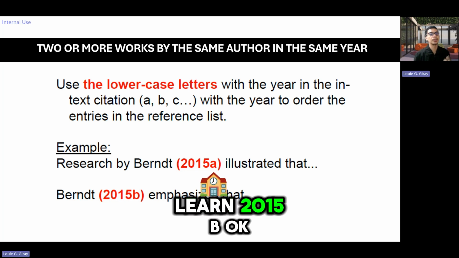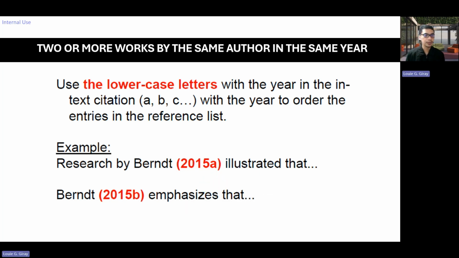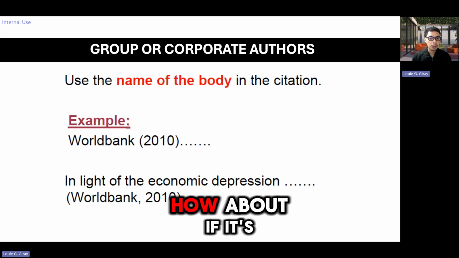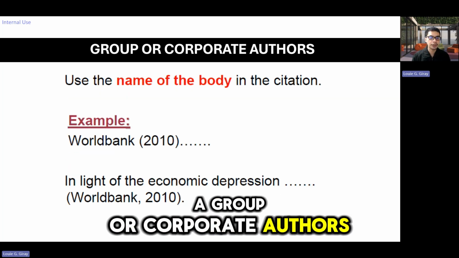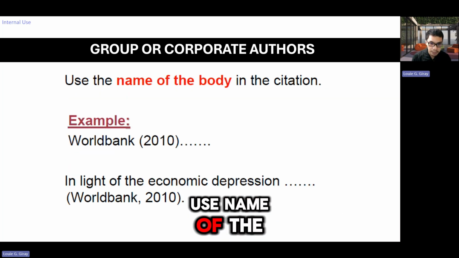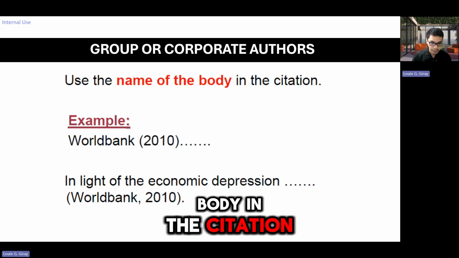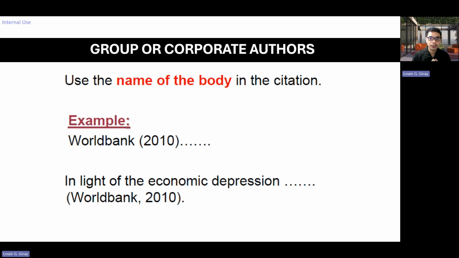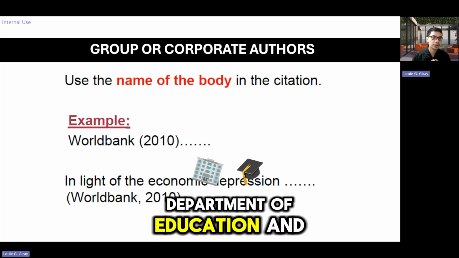Brent 2015b. And how about if there are three, you put c and so on. How about if it's a group or corporate author, use the name of the body in the citation: World Bank 2010, UNESCO, Department of Education, and the rest.